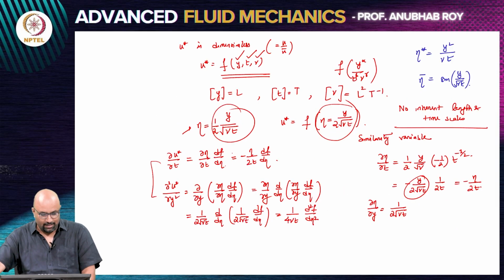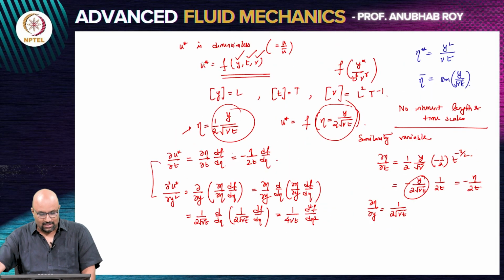So then we used dimensional analysis to argue that the non-dimensional velocity, because you are solving a linear differential equation with linear boundary condition, if I scale the velocity by the plate velocity, would be only a function of the spatial coordinate y, the temporal coordinate t, and the kinematic viscosity nu.